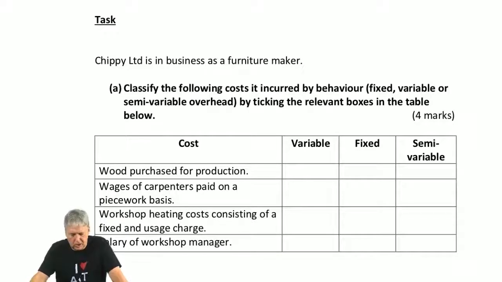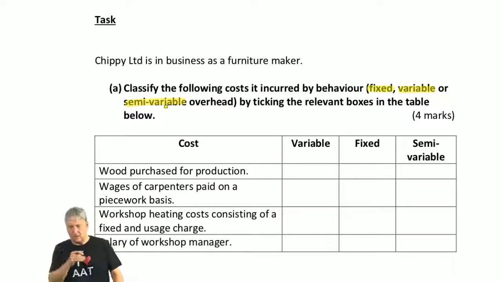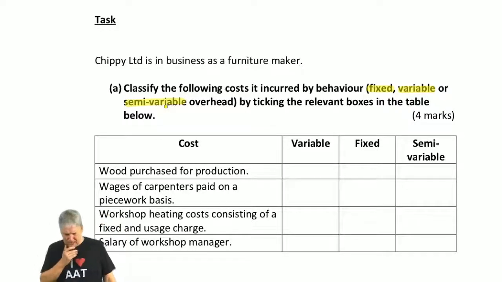So you've got a task here. Chippy Limited is in business as a furniture maker. Classify the following costs it incurred by behaviour: fixed, variable, or semi-variable, by ticking the relevant boxes in the table. So you get 4 marks for this. Okay.